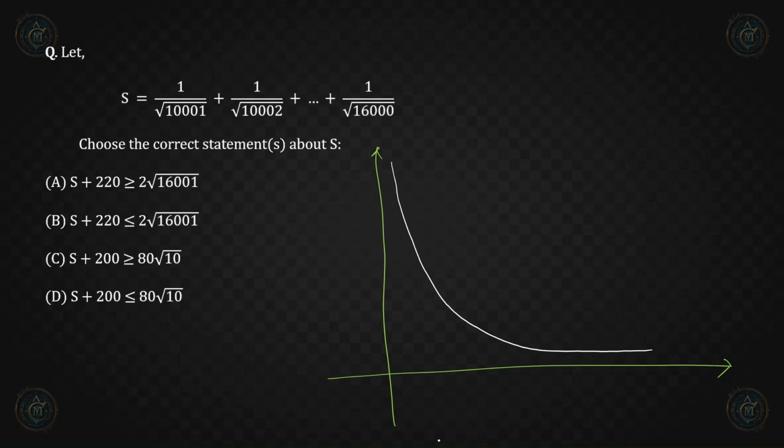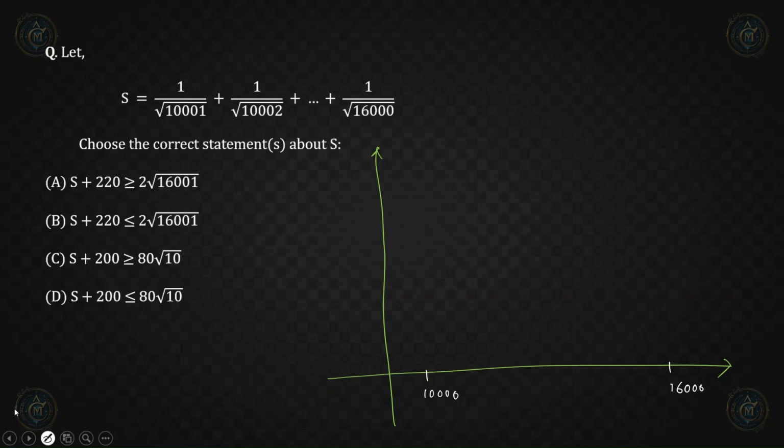If we enlarge this graph, let us take the region, let's say, 10,000 to 16,000. Then we have the graph like this, almost flat, right?